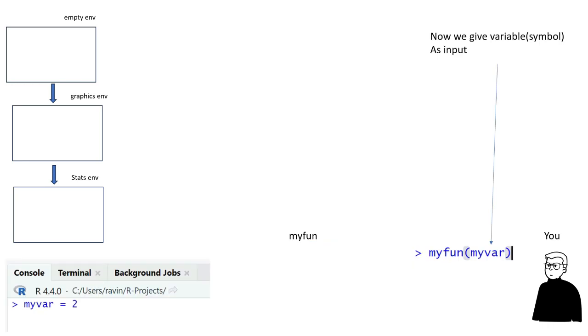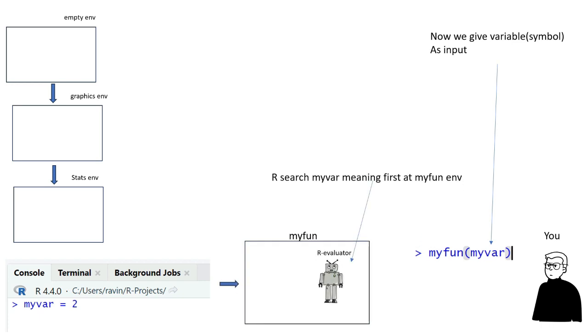Suppose we give a variable or symbol as an input. In this case, what does our evaluator do? First it searches for the meaning of the my var symbol in the my function environment.